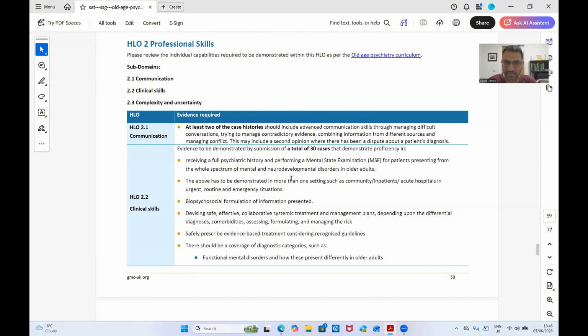But then again, that's where the role of biopsychosocial formulation is, where you have delivered the diagnosis, but that's not the end. What is the post-diagnostic support? The post-diagnostic support doesn't include just medications. You have to advise about lifestyle management.